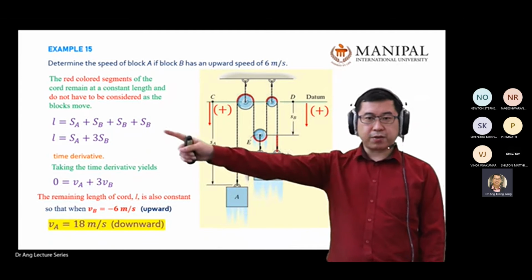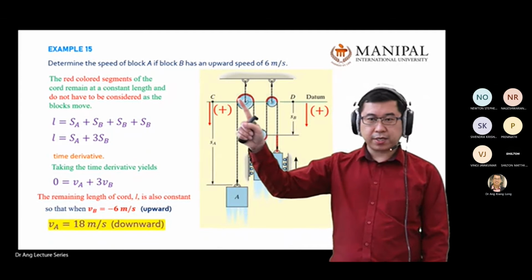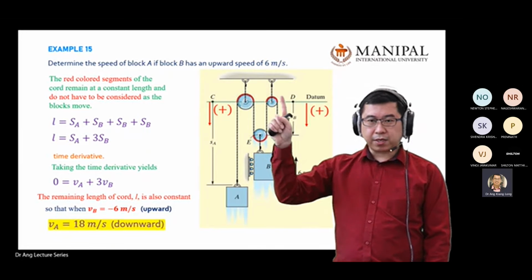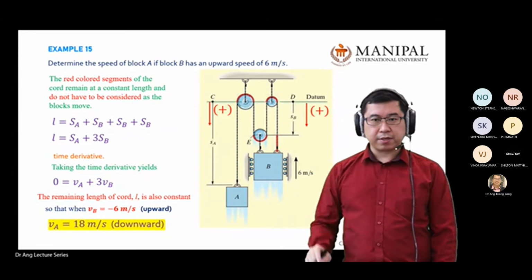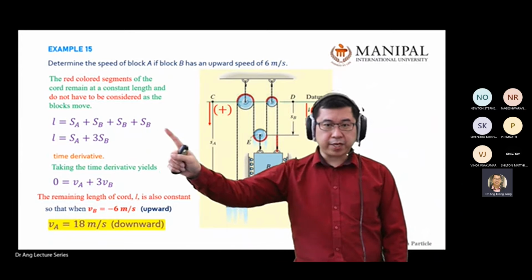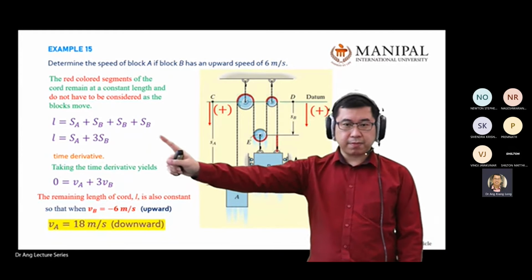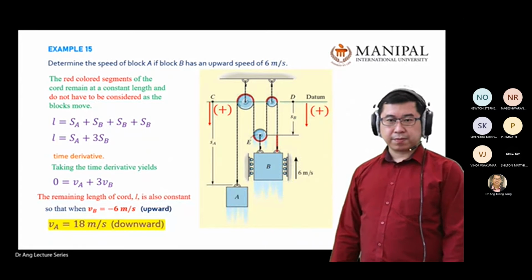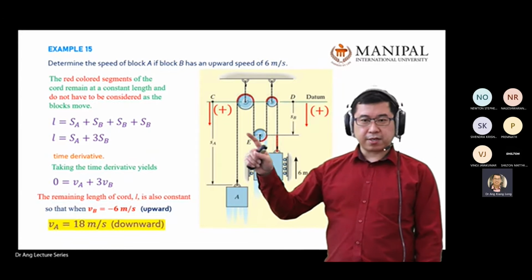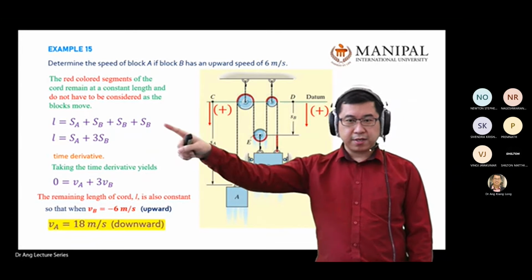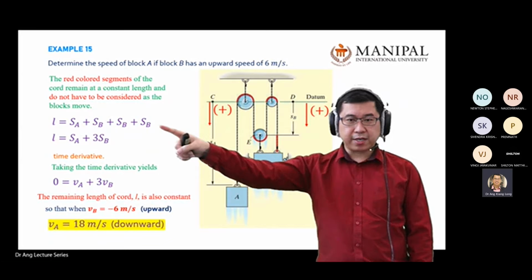So that's why in this equation, I do not include here, here, here, and here. Of course, if you're hardworking, you can input here, but it doesn't help your calculation for velocity. Do you see the reason why I do not put in the red color length inside here?